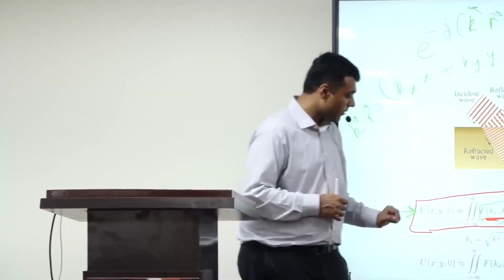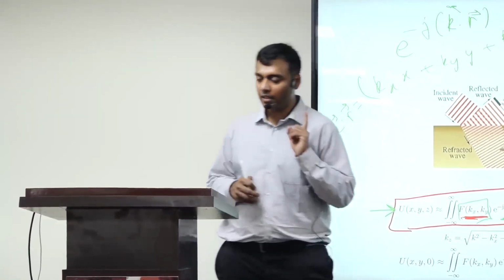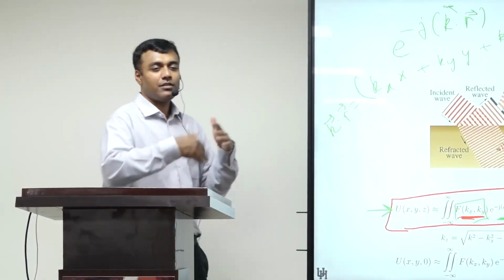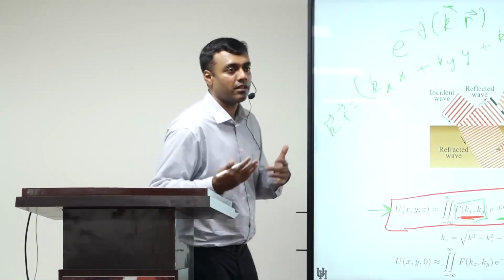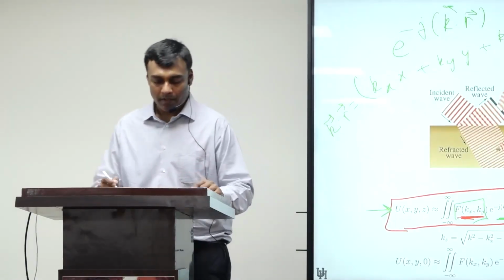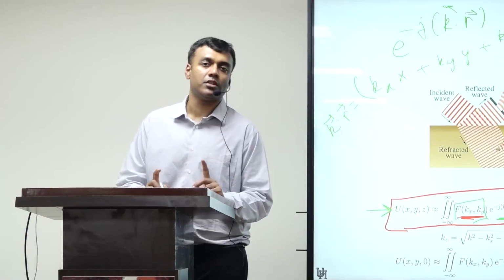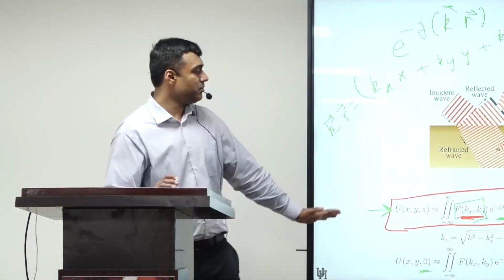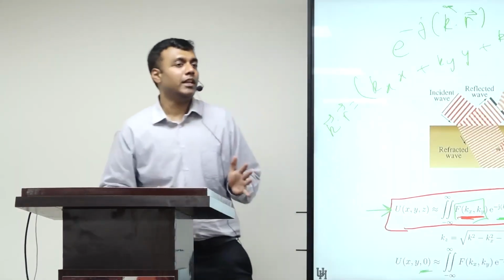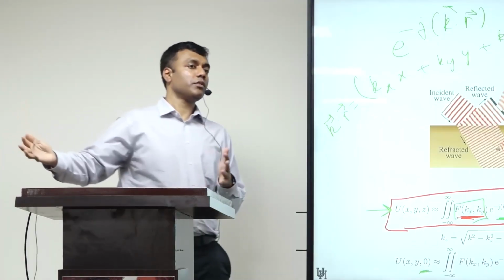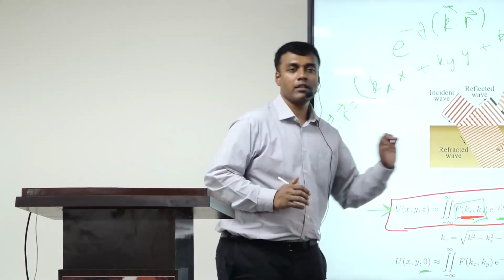Additionally, when you have integrals, you need boundary conditions or initial conditions, otherwise something is missing. One way to have a boundary condition is at z equal to 0, at some starting point. If you know the field there, then at any other position you can figure out the field using this equation.